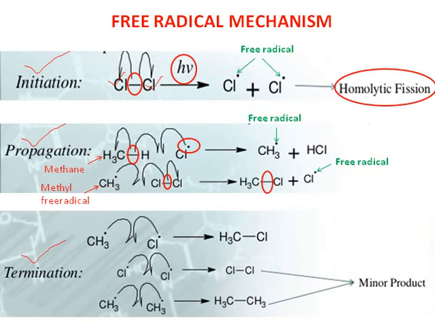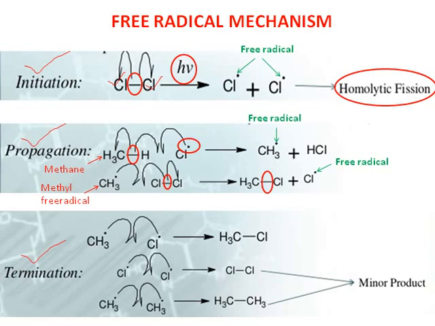At the last, when the methyl free radical or the chlorine free radical are used to produce the product, only free radicals will be left, and we get the termination step. In our reaction the free radicals left behind are the methyl free radical and the chlorine free radical.